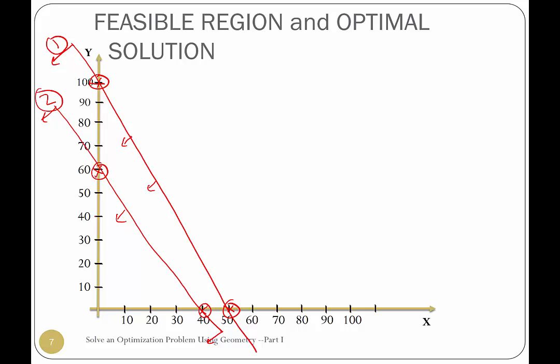Third constraint has (0, 40) and (60, 0). So that's your third constraint. Now your fourth constraint is a line that passes through the origin and (20, 40). So (20, 40) is somewhere here. So I'm going to draw.